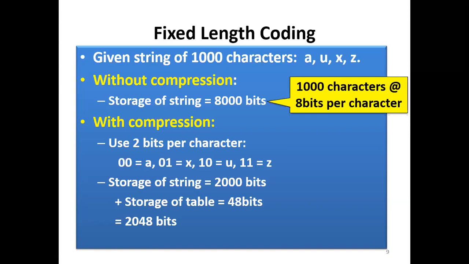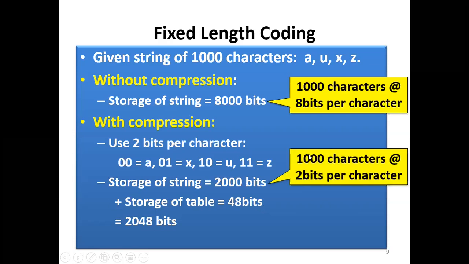In this case, we have reduced the number of bits for each character to 2. So we are going to have 2 times 1,000, which gives us 2,000 bits. Then the storage for the table gives us 48 bits. So the total number of bits will be 2,048 bits.